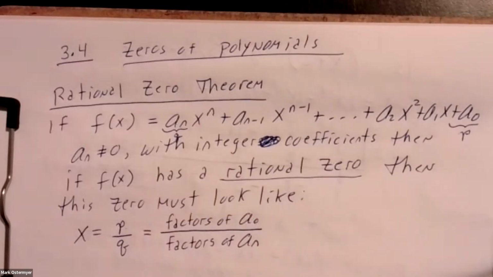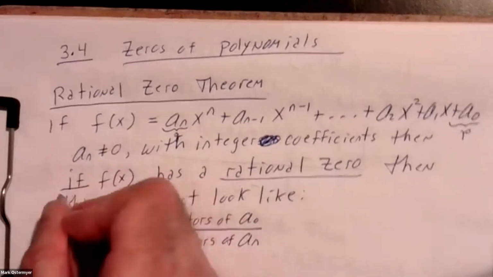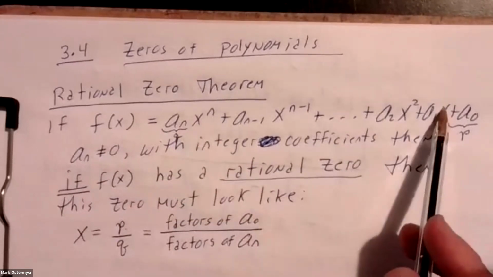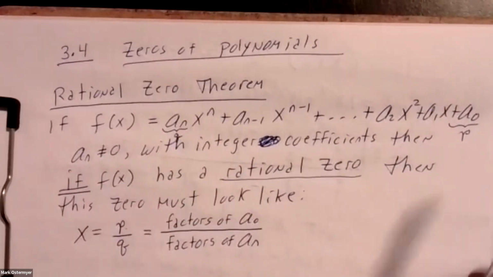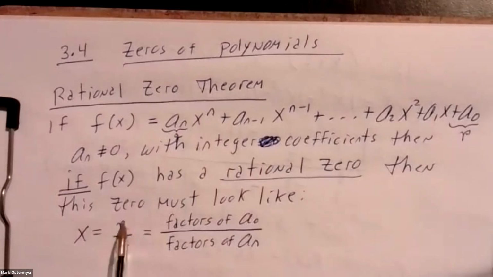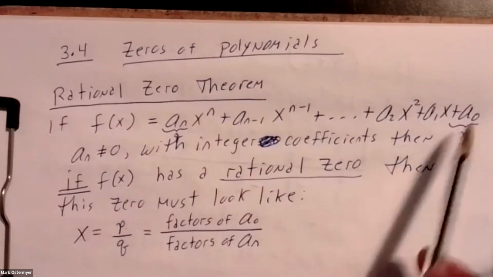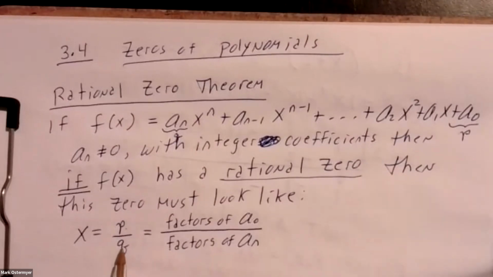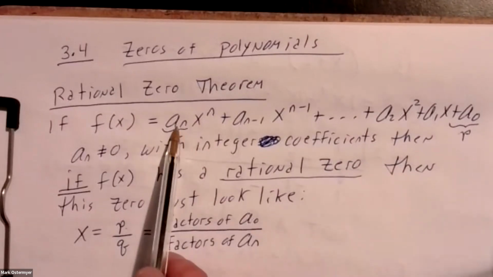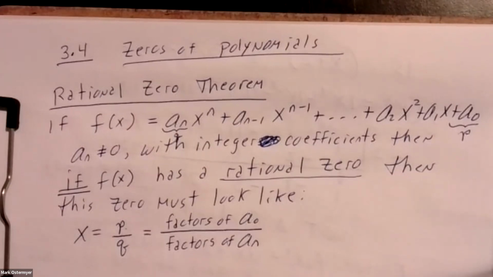It's not guaranteeing that. What it's saying is that if this polynomial function has a rational 0, if it does, it may not, but if it does, it has to be of this form, where the numerator is a factor of the constant term and the denominator must be a factor of the leading coefficient. That's what the theorem's guaranteeing.